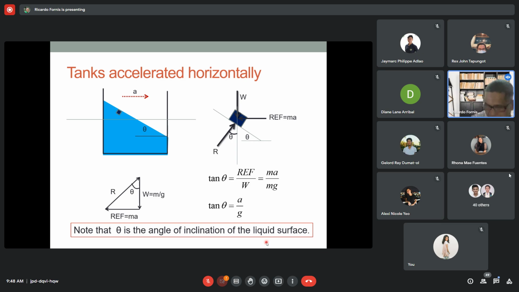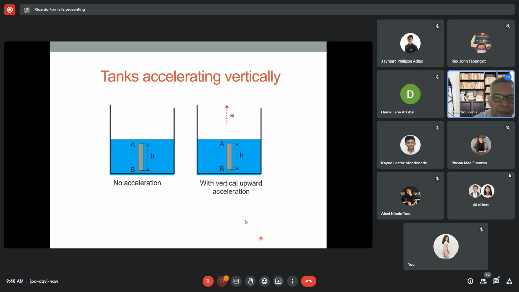Next, we consider a tank which is accelerating vertically upward. So this is the situation, with the liquid surface horizontal. When you accelerate the tank vertically up, the liquid surface remains horizontal. But we will now analyze a prism.